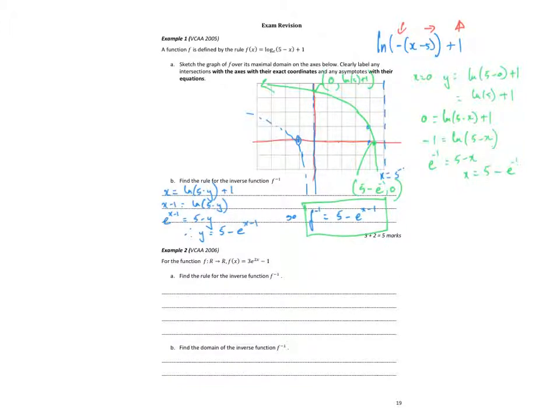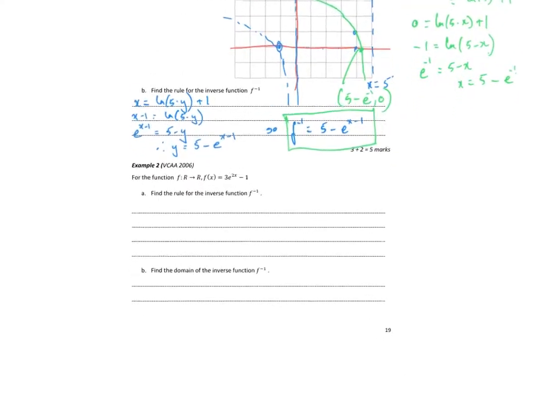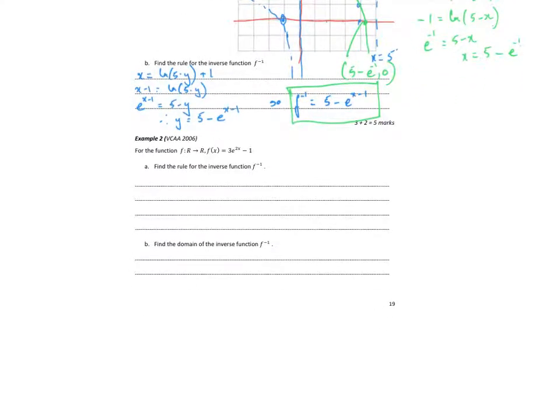Okay. What's question 2? For the function f, find a rule for the inverse. So same sort of thing, isn't it? We're going to write x is equal to 3e to the 2y, minus 1. So let's go x plus 1 on 3 is equal to e to the 2y. So if I take a natural log, the base of that exponential is e.